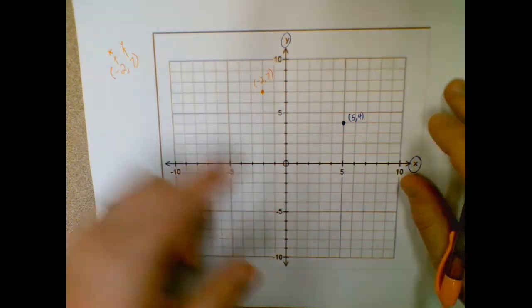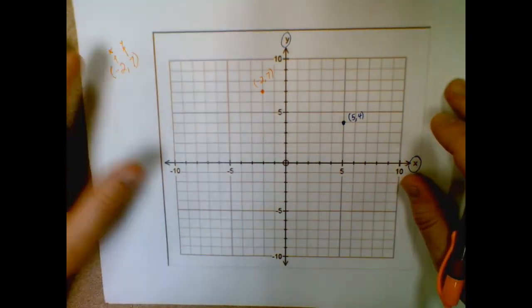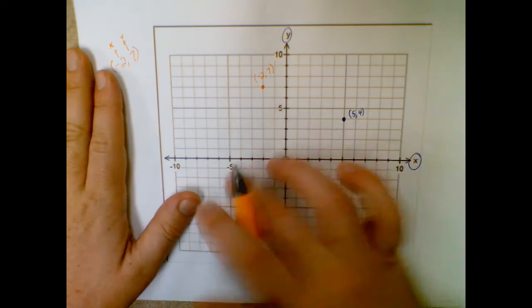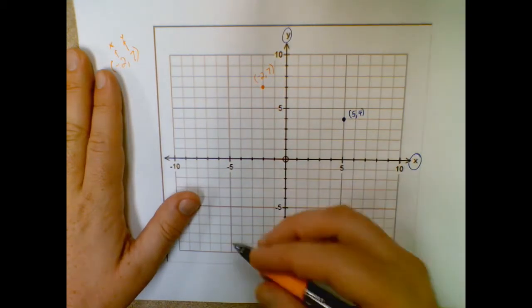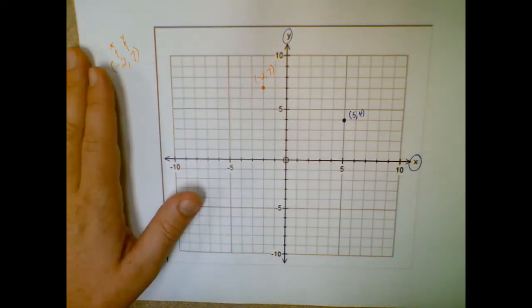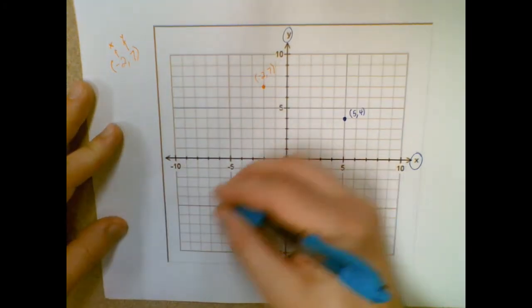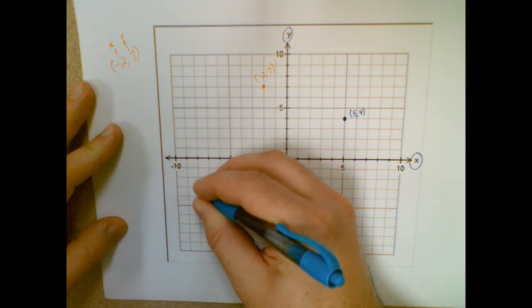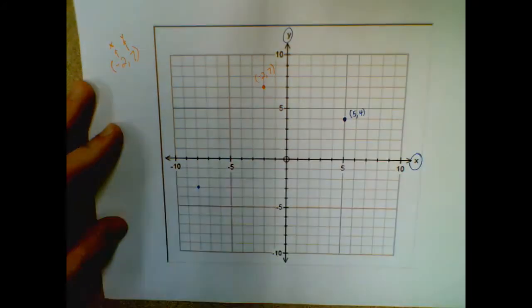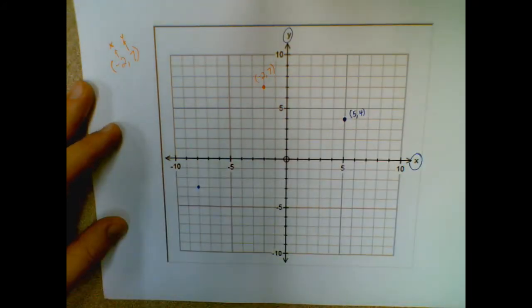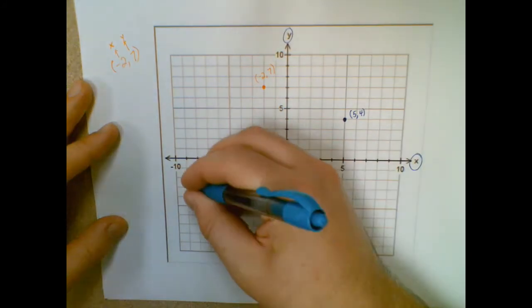And then you can land anywhere as long as you play around with the sign. So let's say I want to figure out this point. Let's go with right here. That sounds like fun. Remember, it's always x comma y.